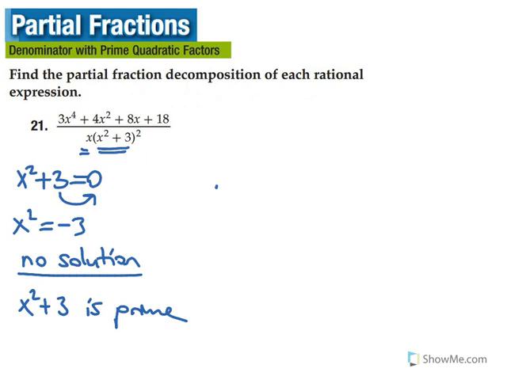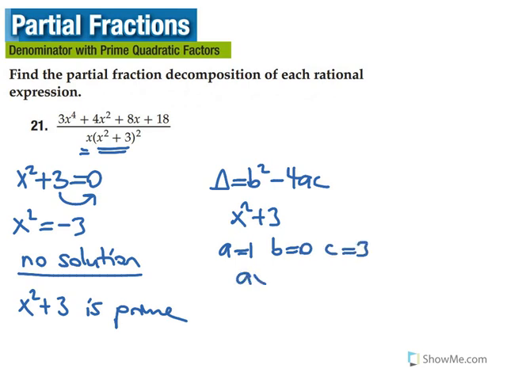Also, you can check the discriminant, which was b squared minus 4ac. For x squared plus 3, a is 1, b is 0, c is 3. Why? Because in general we write the quadratics as a times x squared plus b times x plus c. The coefficients of x squared should match.